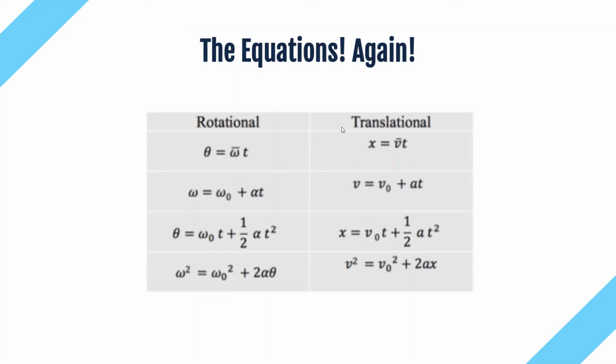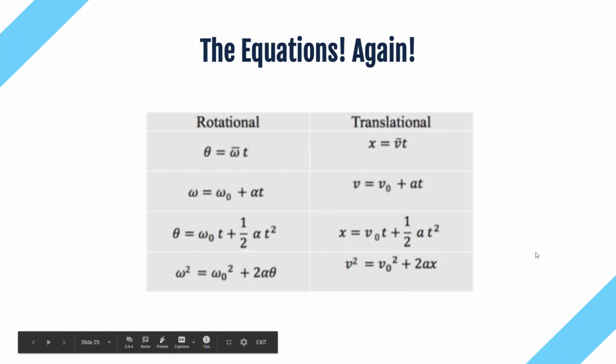So if you notice, these are the exact same equations from earlier, except, of course, these two are actually flipped. It doesn't really matter which order they rotate in. We can substitute angular displacement in for displacement, angular velocity in for velocity, and angular acceleration in for acceleration, and all of these still hold. You can derive these by yourself and find that they work. So you can just essentially substitute them.